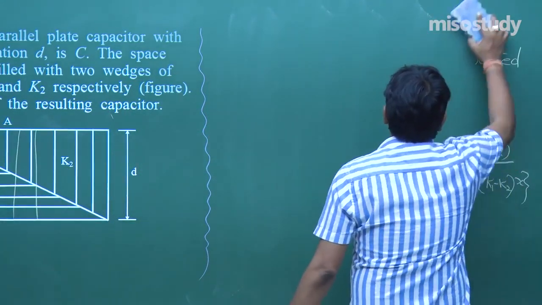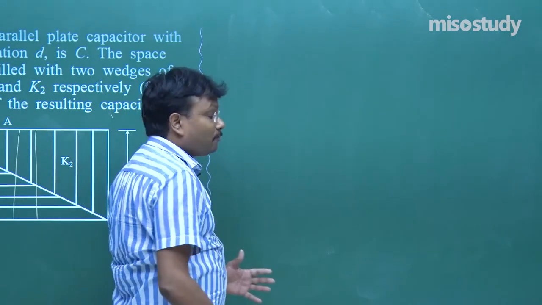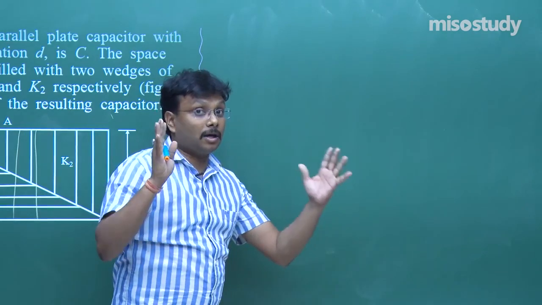Process I explained to you, the calculation you have to do, and in the JEE Advanced pattern, if you are preparing for that, you should be ready mentally for long types of questions.